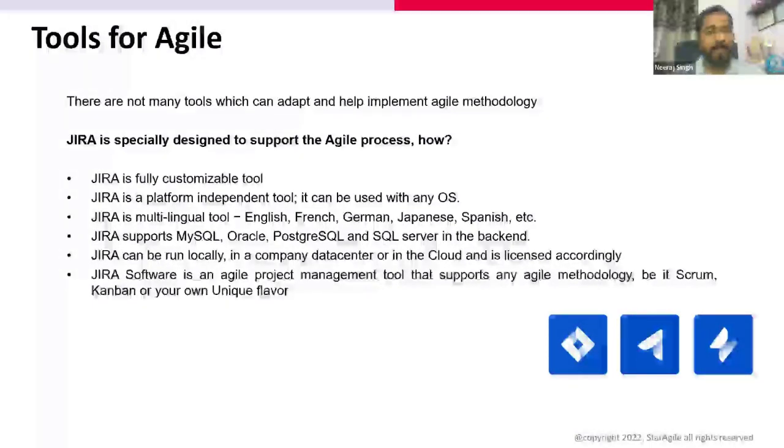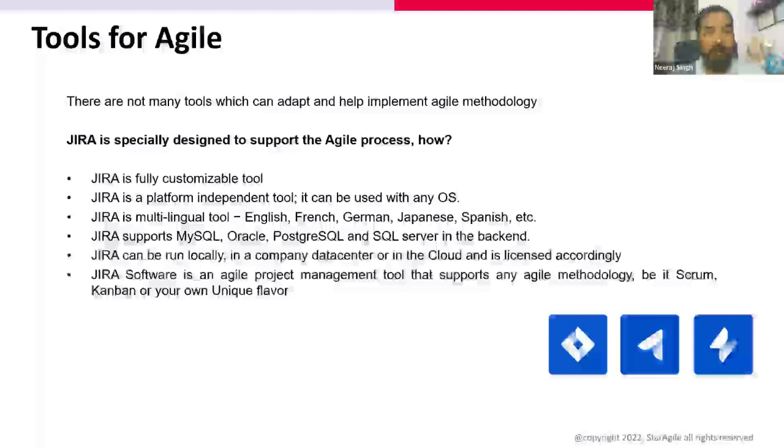Look at all the salient features here. Jira is a fully customizable tool. Now, the word fully customizable simply means that you can change or transform it the way you want to use that tool. And again, there are different variants of it to cater to the needs of the Agile frameworks.